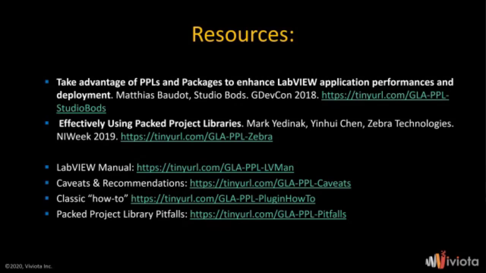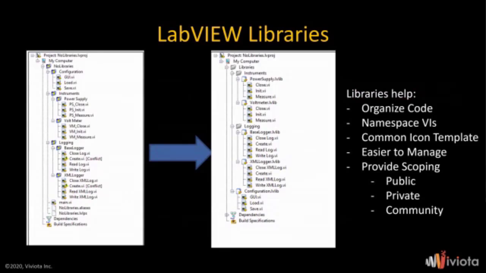So before we talk about packed project libraries, I want to talk about libraries in general. I think a lot of people use libraries now. I think it's generally considered best practice in LabVIEW to use libraries. I have this screenshot here about what really is going on, why you might want to use libraries. On the left is what you might see in legacy or old code, where you load it, and there are auto-populating folders.